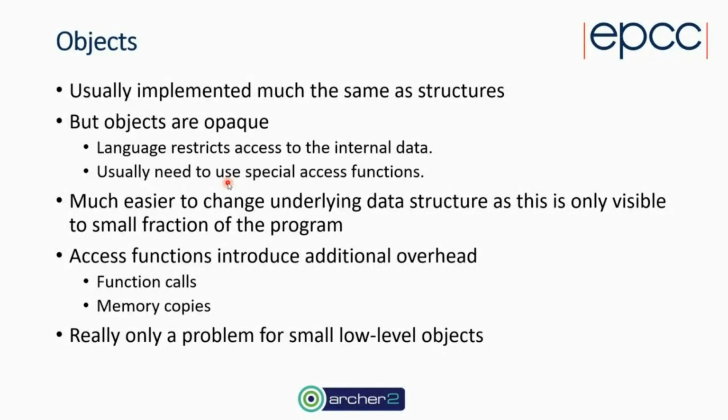Objects are similar to structures, but more opaque, because in a C++ or Java program or something like that, you're not generally yourself designing the object. The language is doing that for you.